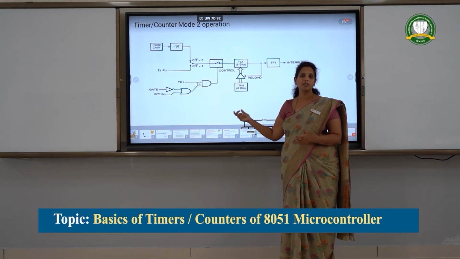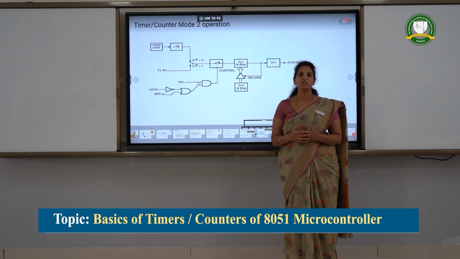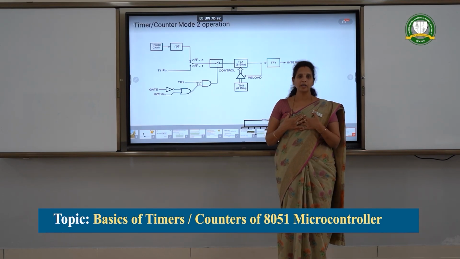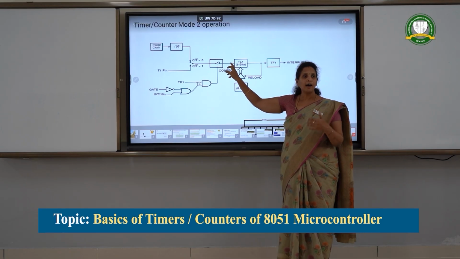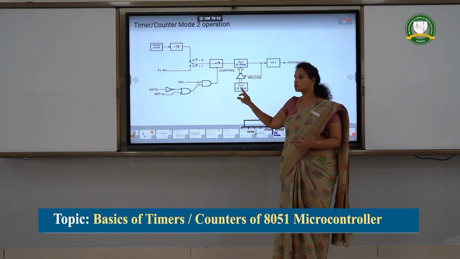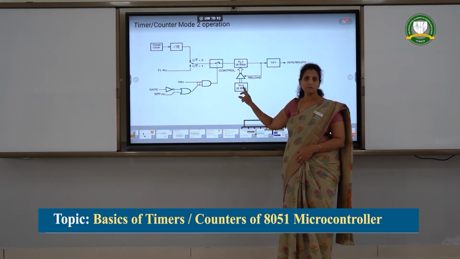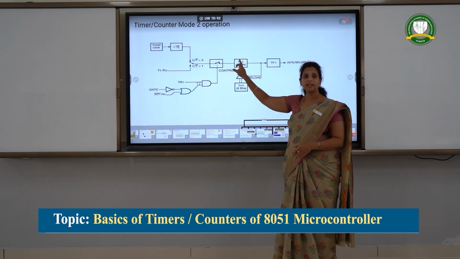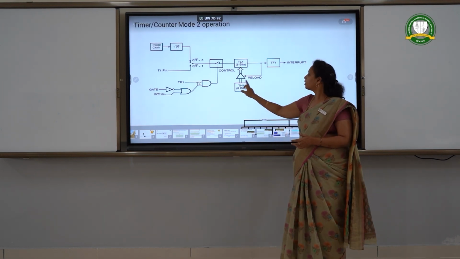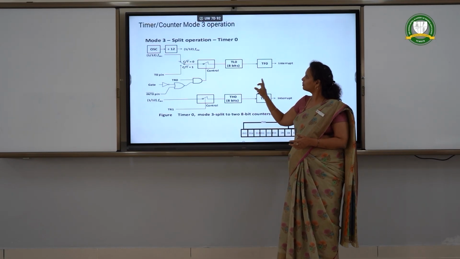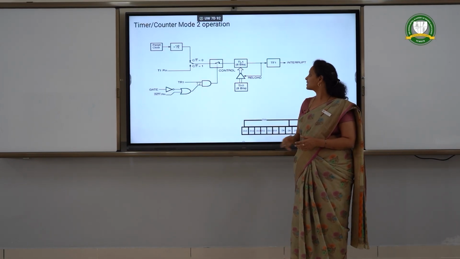Hence this particular mode is called auto reload mode, which means as a programmer, if we are loading any value, we will be loading it into TLX. A copy of that will also be stored in the THX register. Once the TL register counts and rolls back to 00, the original copy will be loaded back to the TLX register.